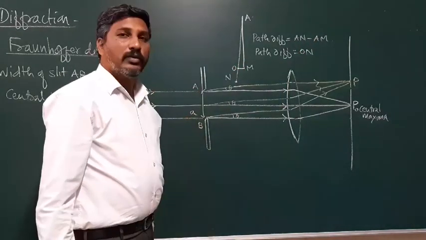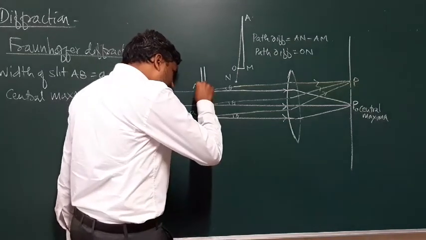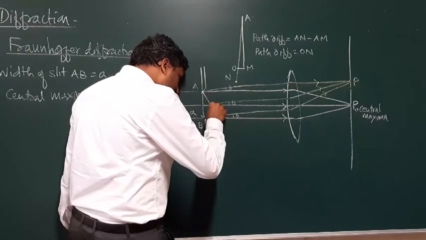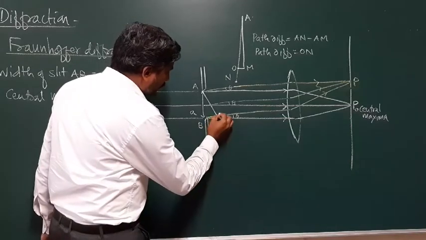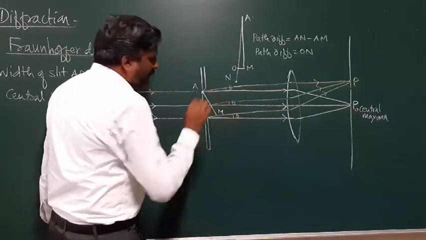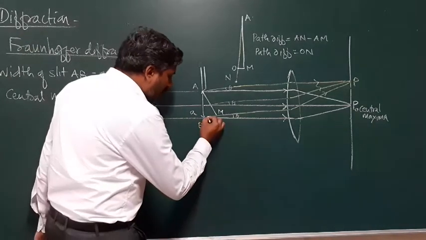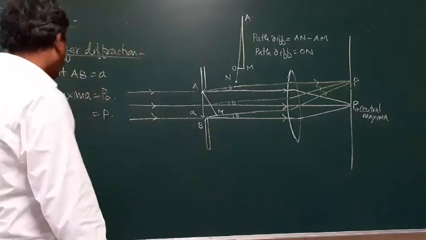So here also I am calculating the path difference. To calculate the path difference, draw a perpendicular on this diffracted beam at the point M. Okay, AM. Are you getting this? And this distance BM is my path difference.